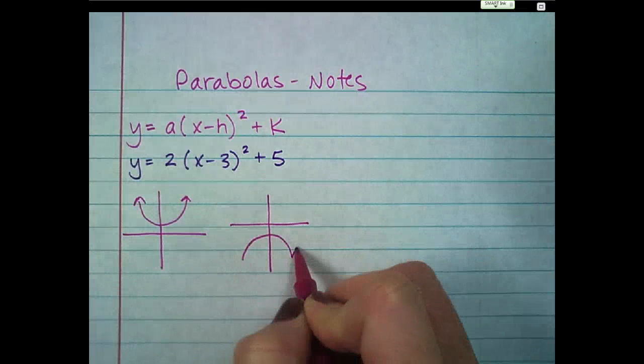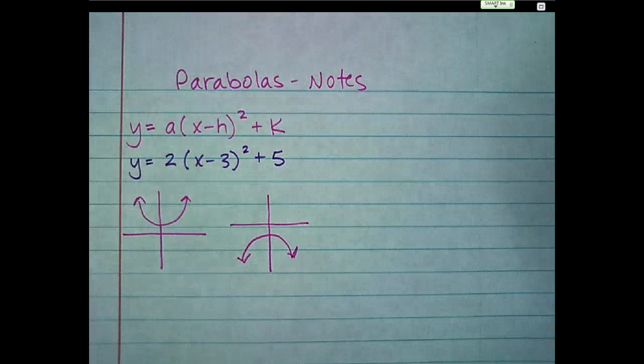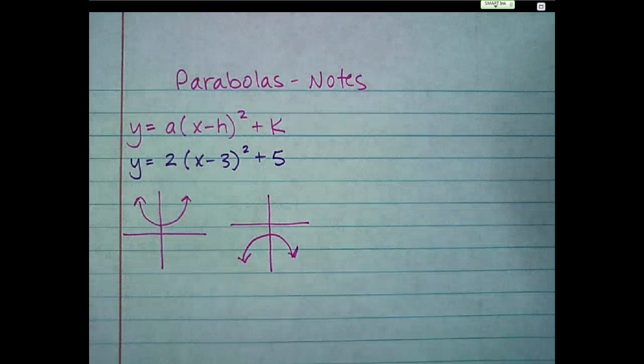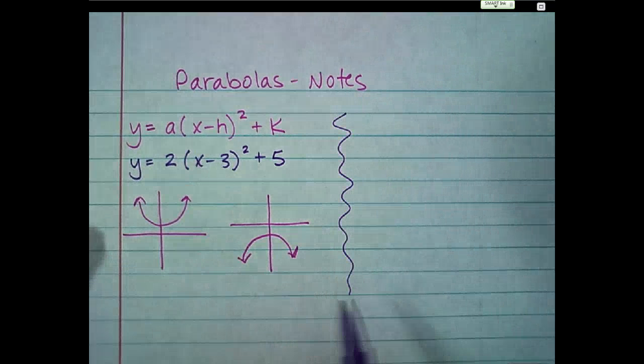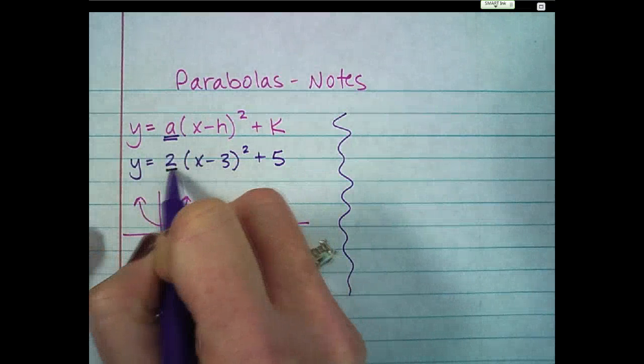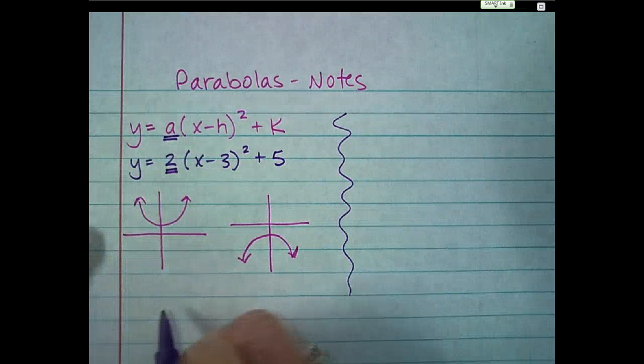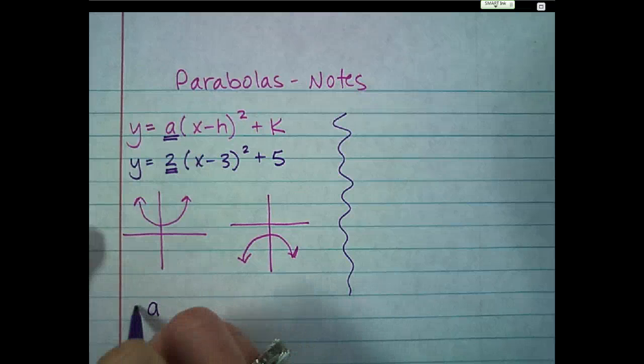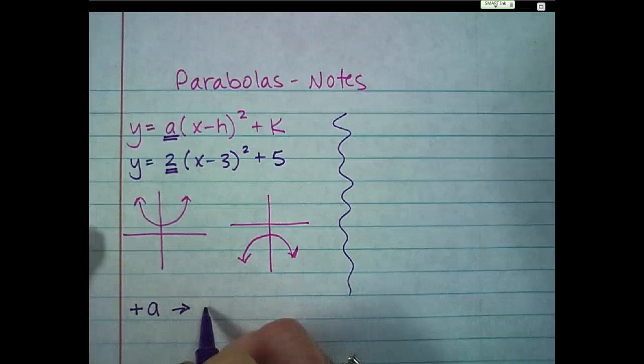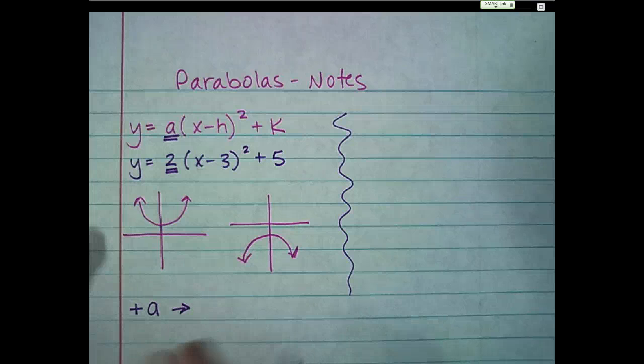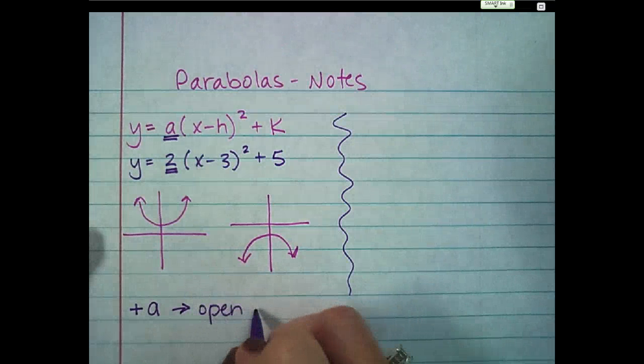Okay, if this 2 in front is negative, which way do you think it opens? Down. All right. And the way that we've talked about that before is, if A, in other words in this case 2, is positive, so you have a positive A, then you open up.